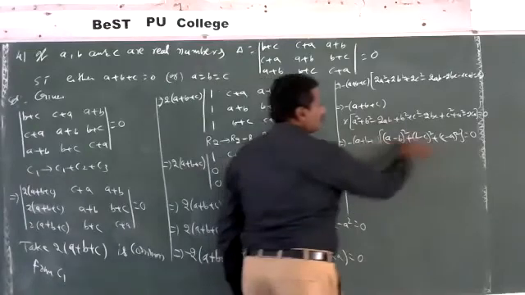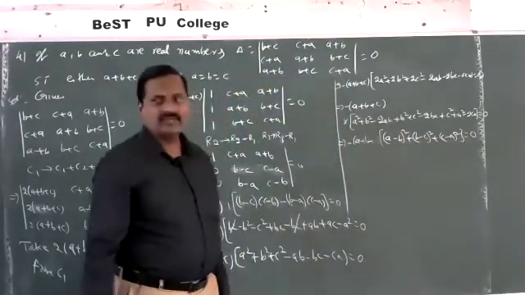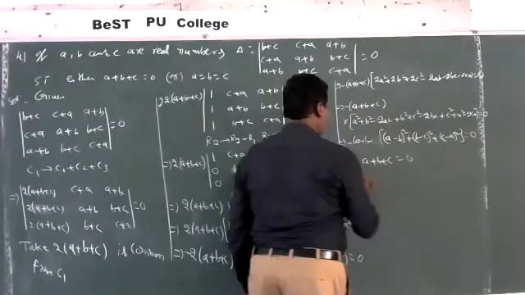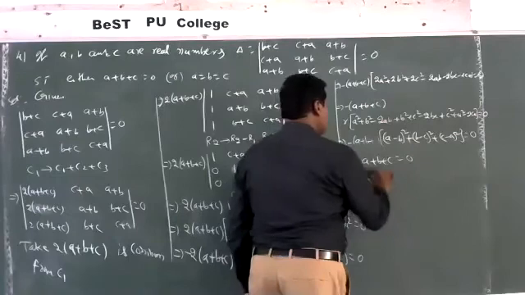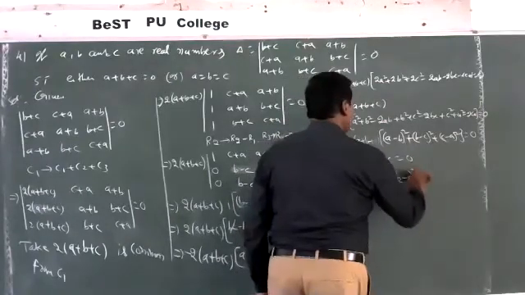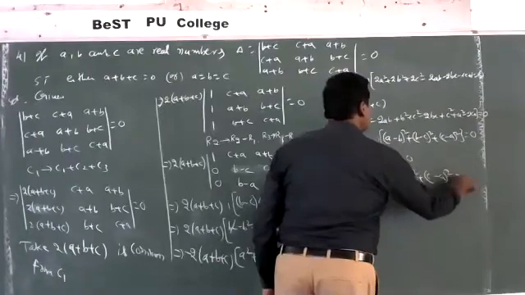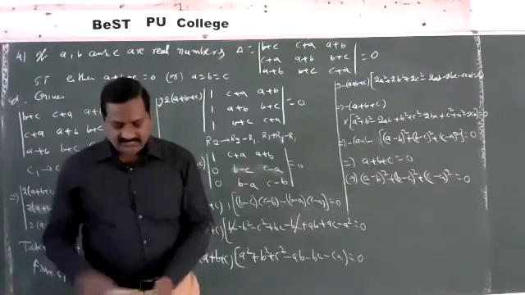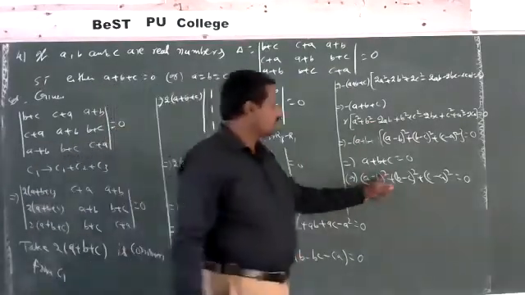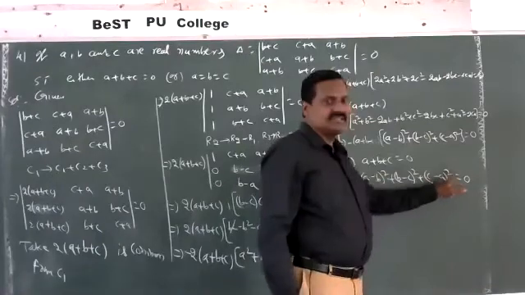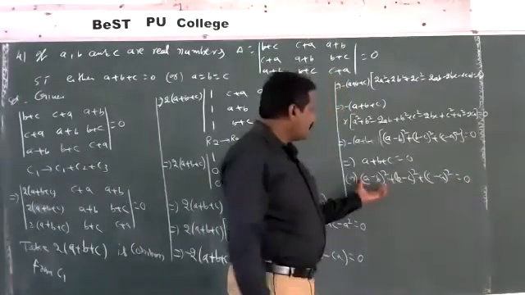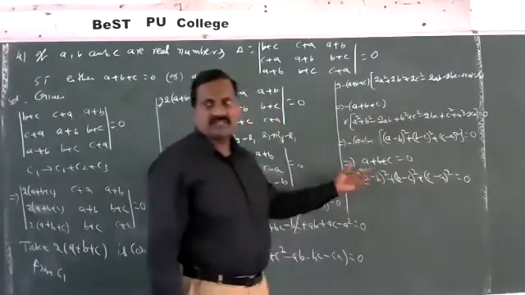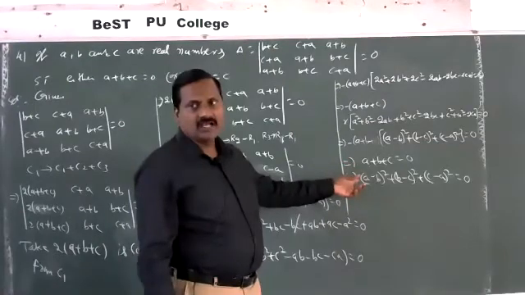Here the product of these two terms is equal to 0, which means any one is equal to 0. This implies a plus b plus c equal to 0, or (a minus b) whole square plus (b minus c) whole square plus (c minus a) whole square equal to 0. Observe this part: a sum of squares, whole square means the value is always positive.